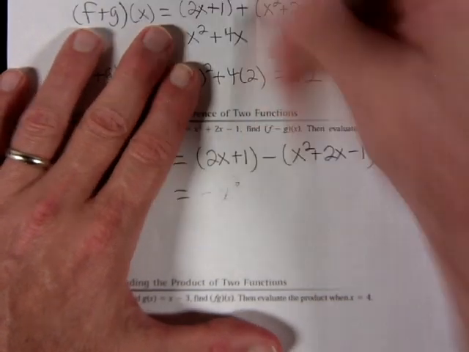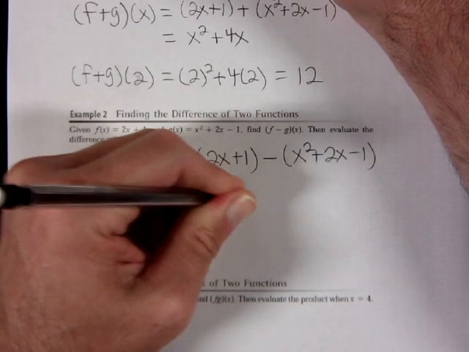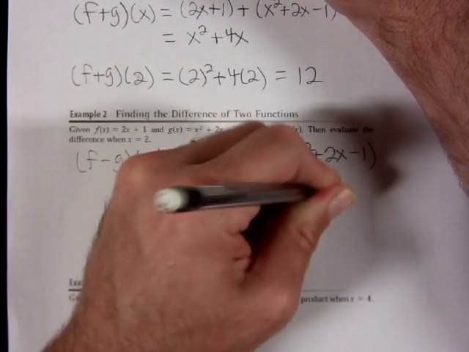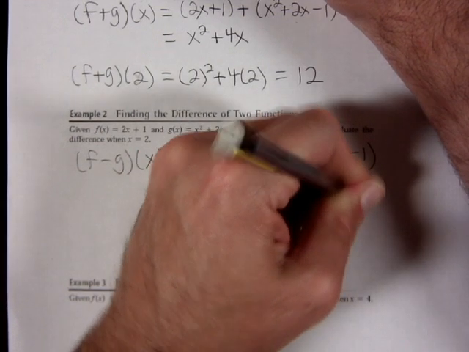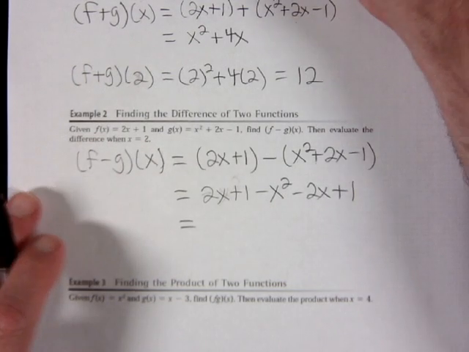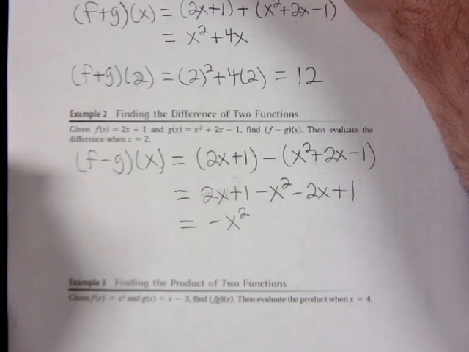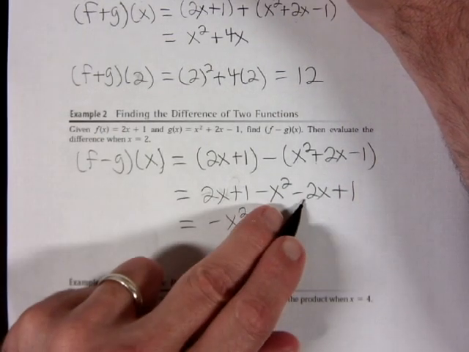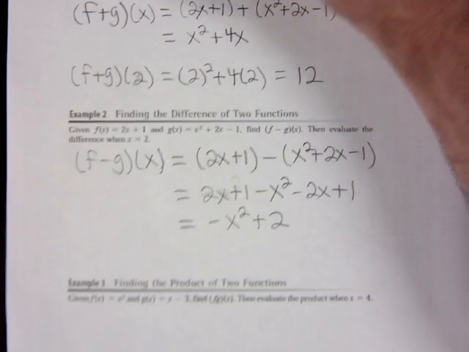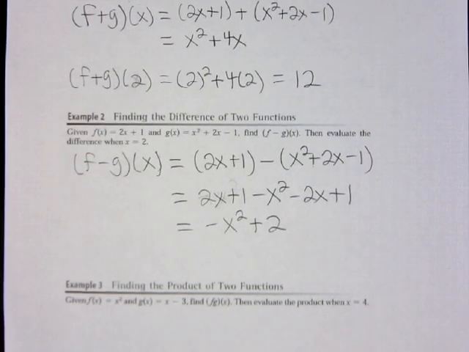So we'll go 2x plus 1 minus x squared minus 2x plus 1, so that we don't have to think too closely about what our signs are. So I've got negative x squared, right? 2x minus 2x, that's gone. And then 1 plus 1 makes 2. And so there's the new function, which is the difference of f and g.